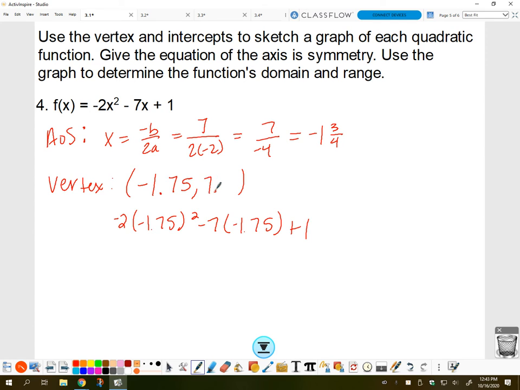And I get 7.125. All right, so when I make my table, I'm going to have that vertex in the middle.